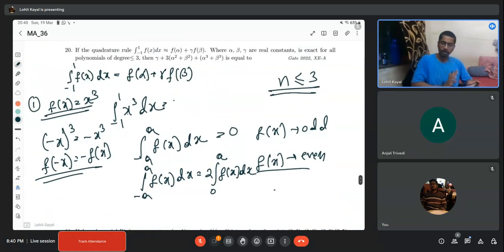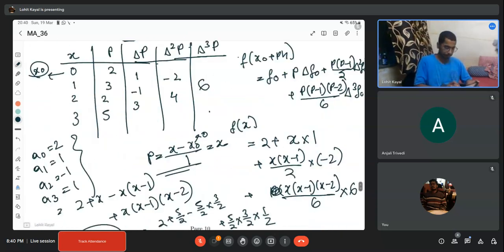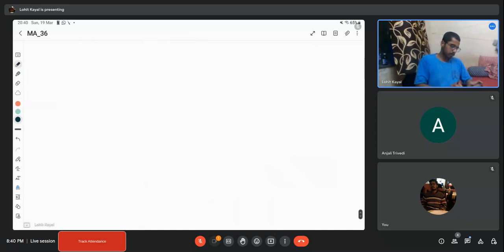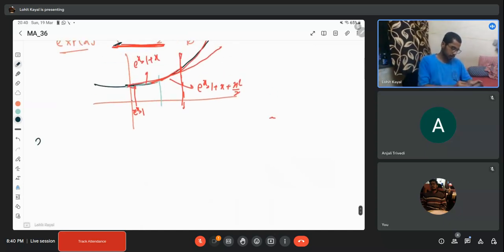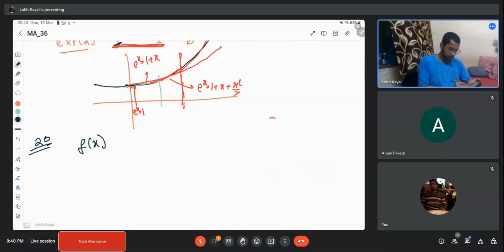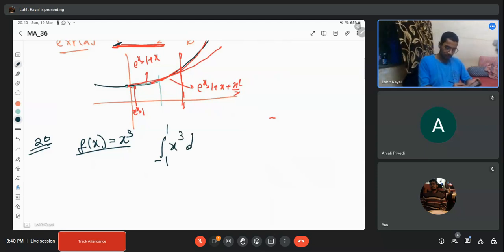So I don't have space here, so now I am going to the end. My first function is x cube, because this is true for all polynomials of order less than or equal to 3. So this is question number 20. f(x) equals x cube, so the integral from minus 1 to 1 of x cube dx. This is an odd function, so this value equals 0.